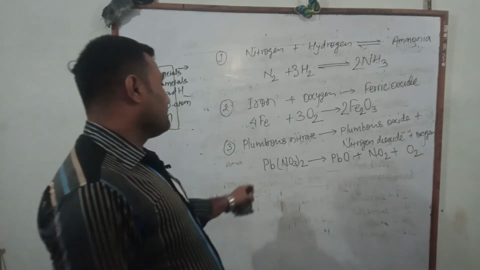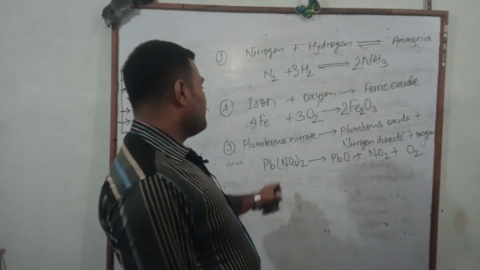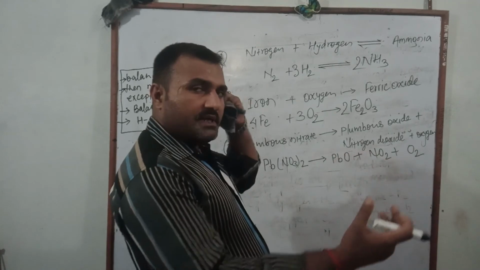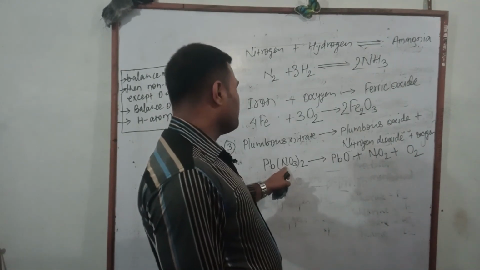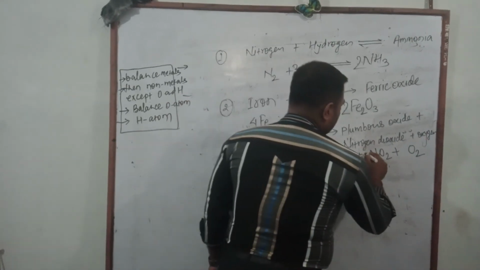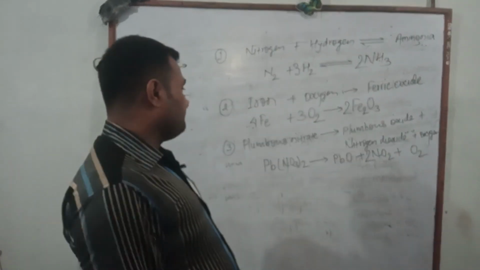At first we count the metal, which is the same. Then we count nitrogen, which is 2 here. Among non-metals, except oxygen, the other non-metal is nitrogen, and the number of nitrogen is 2, therefore here we write 2. Now we count oxygen.